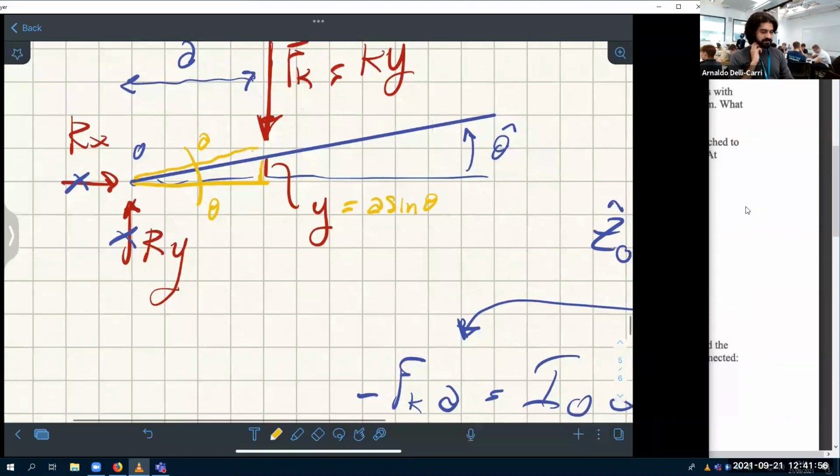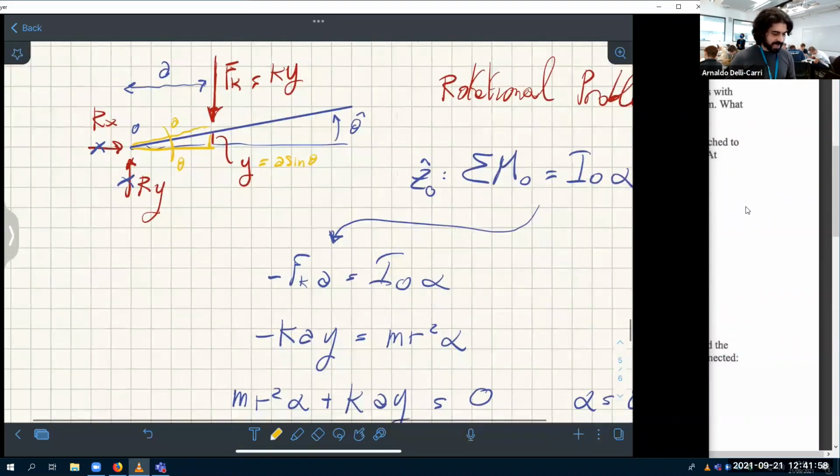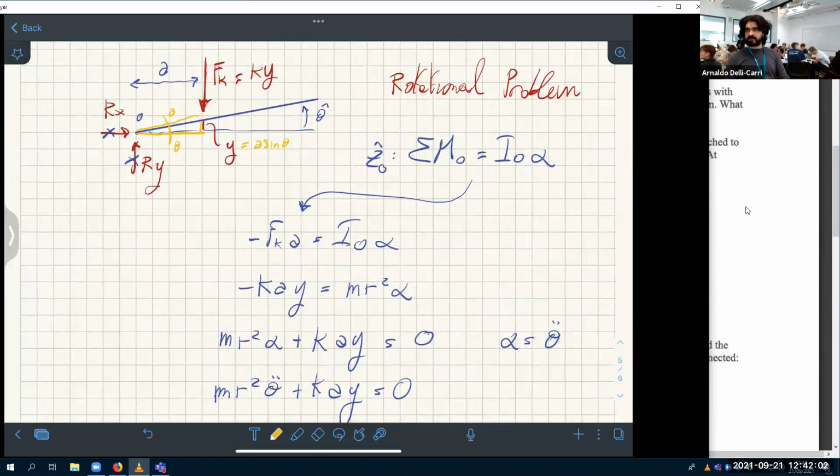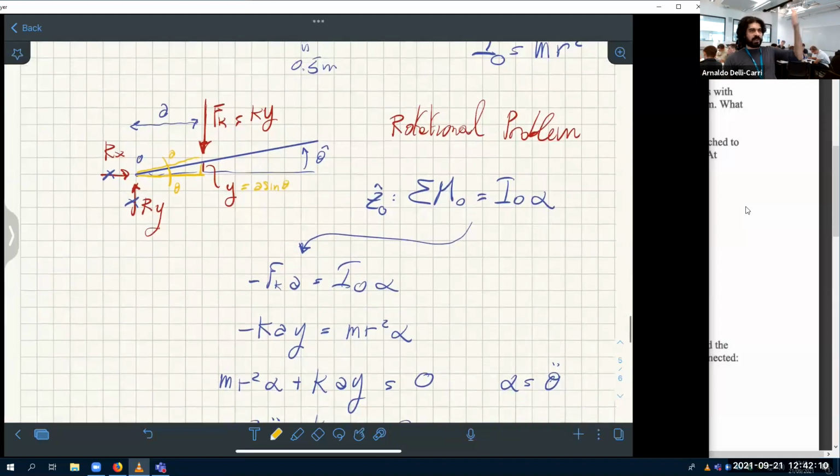But again, we can also say that this is for small oscillations. Do you agree that this bar, if I let it go, will oscillate around the equilibrium position? So it will not swing up and down by a large angle. It will just vibrate about the equilibrium angle.